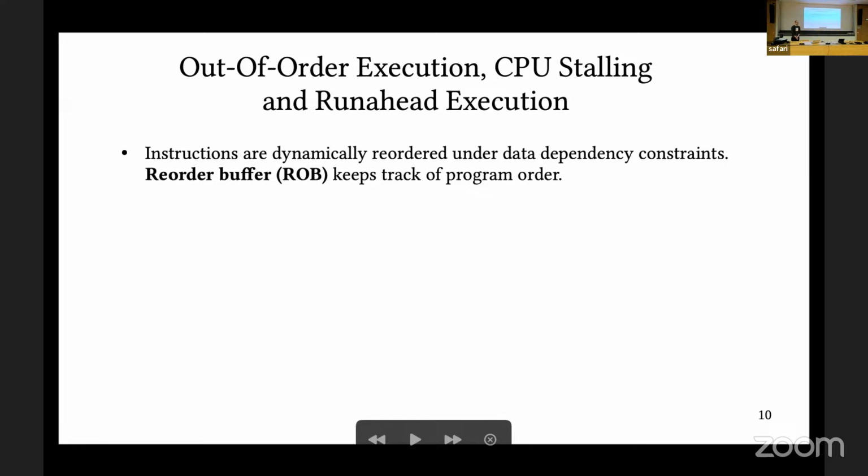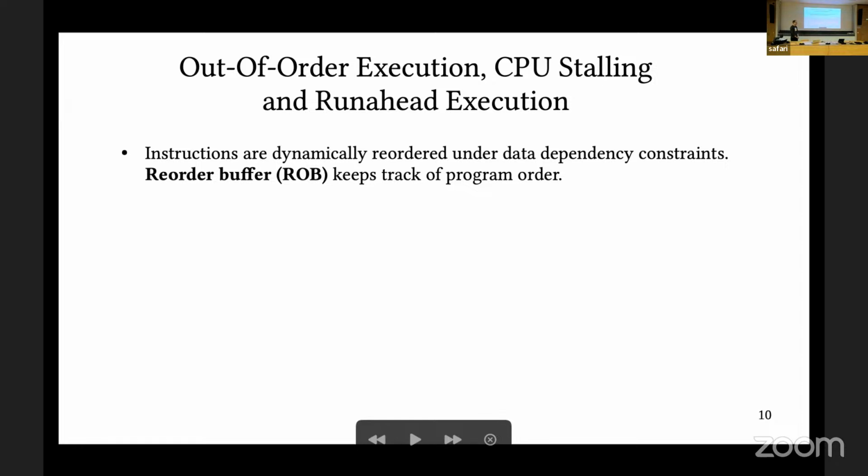But there's still the constraint that we want all the instructions to take effect in program order. For this, we have the reorder buffer. It's basically like an assembly line: you put stuff in, you take stuff out, and it gets executed in between, so that it all comes out in order.